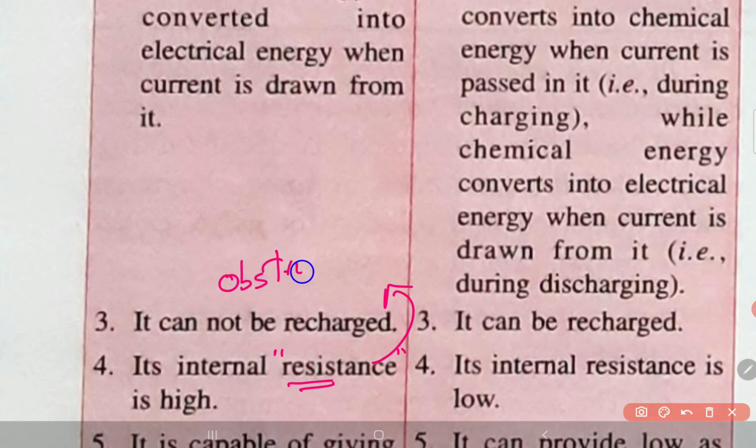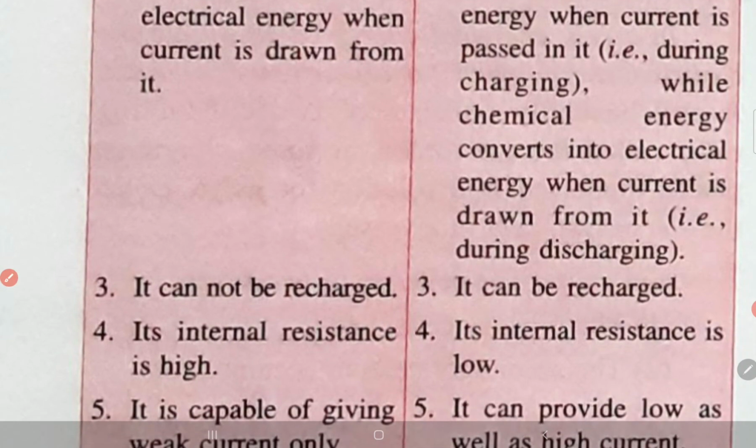They try to block the current. So if internal resistance is high, the blockage of the current is high, whereas the internal resistance of secondary cells is low, that means it allows the current to pass through.